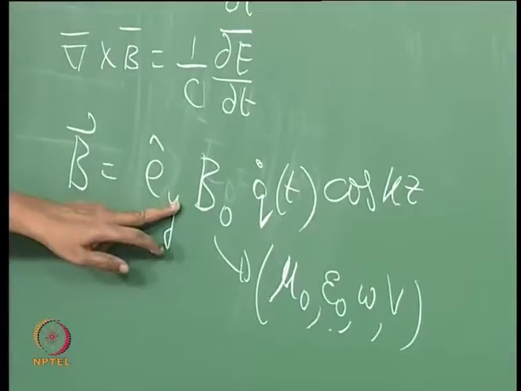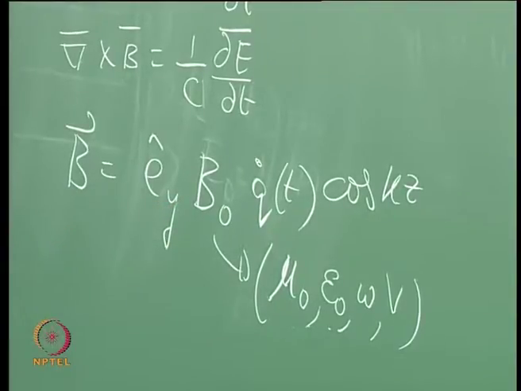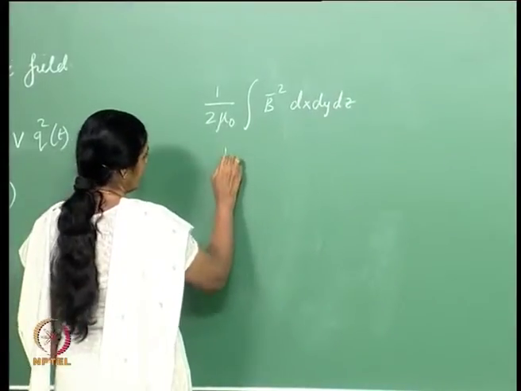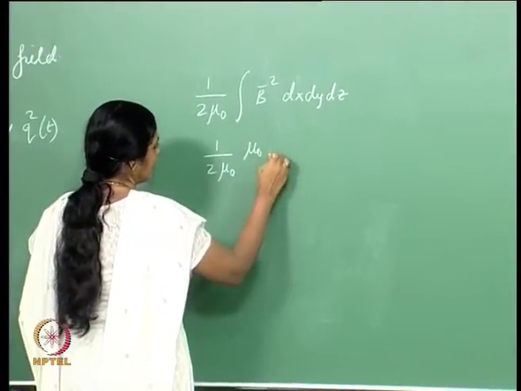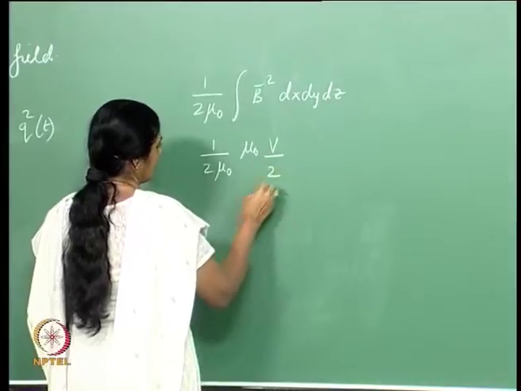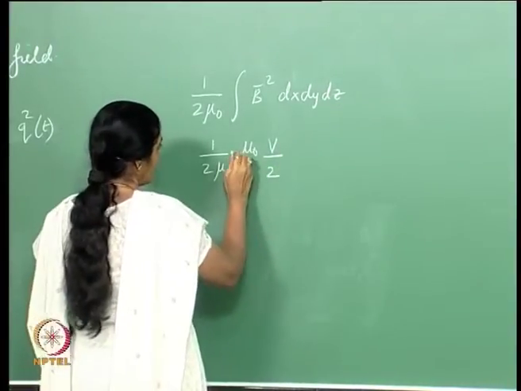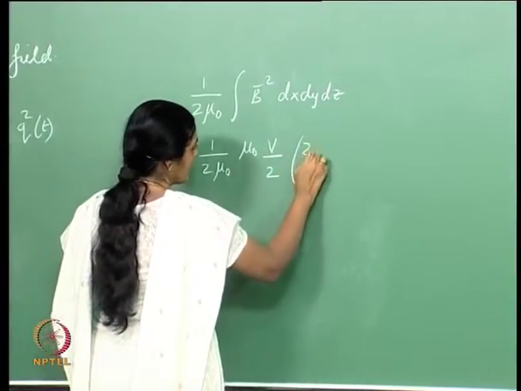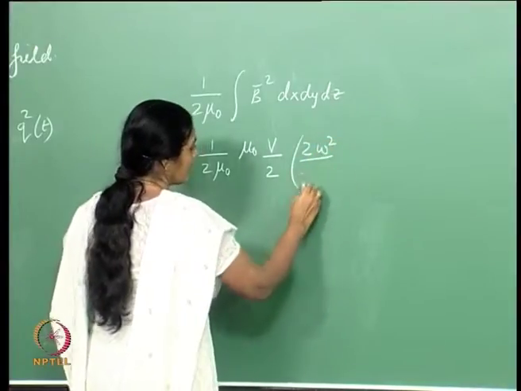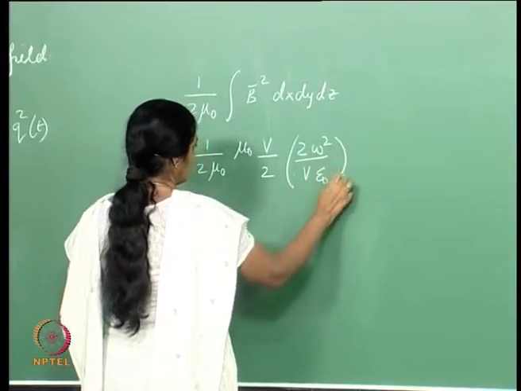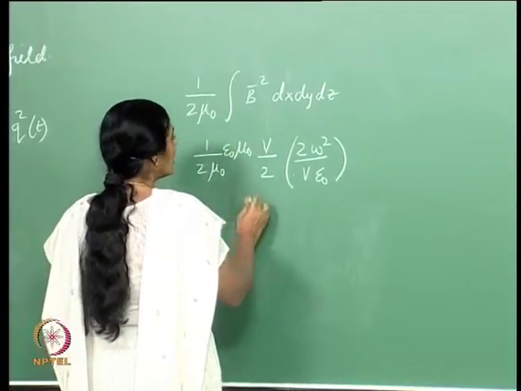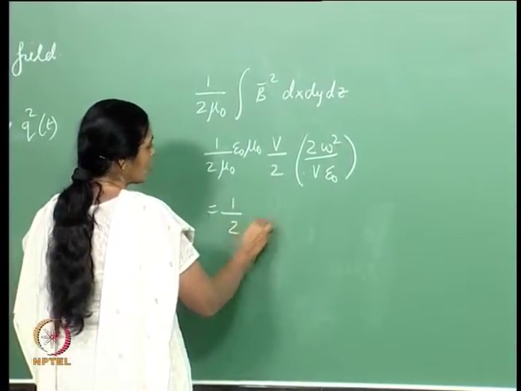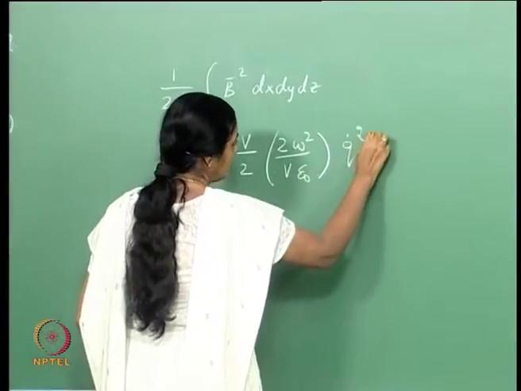Can substitute for B naught explicitly, and once that is done, times 2 omega squared by V epsilon 0, there is an epsilon 0 mu 0 out here. This turns out to be with a q dot squared of t.